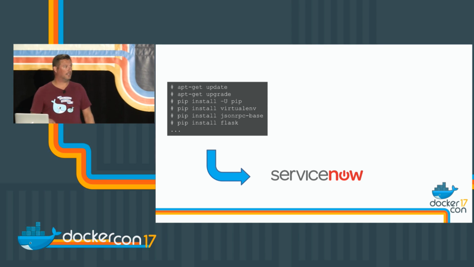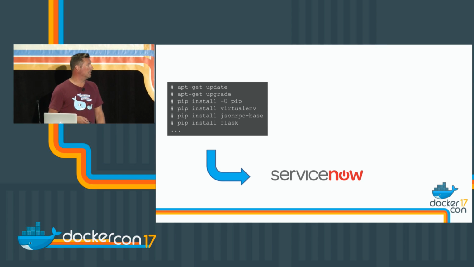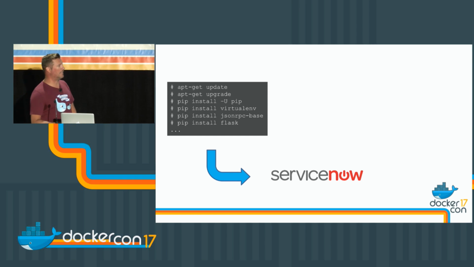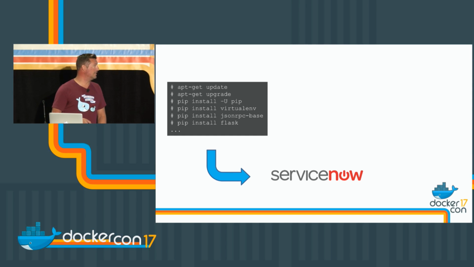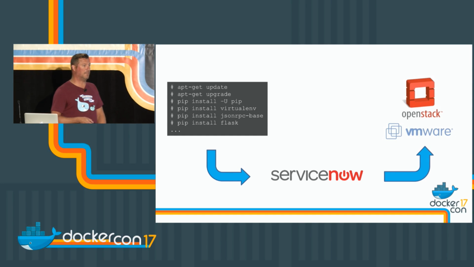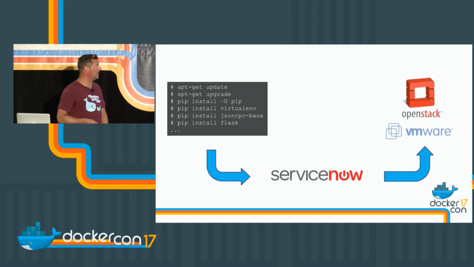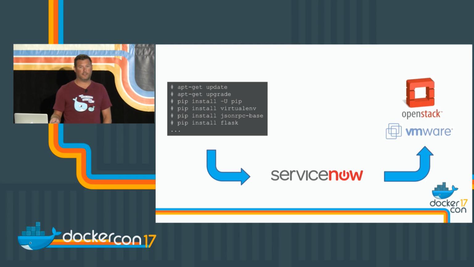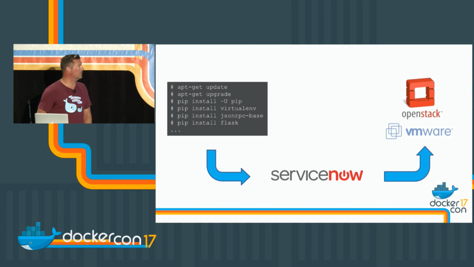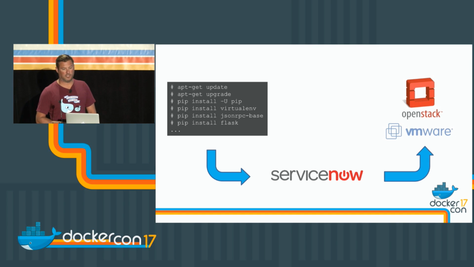So the ticket goes into the queue, and eventually, based on how many outages there are, or if there's a fire drill, or people are on vacation, depending on how big the company is, a VM gets minted with your prerequisites in it, and it gets stashed into VMware as an image, or it gets put into OpenStack as an image in Glance, and that's great.